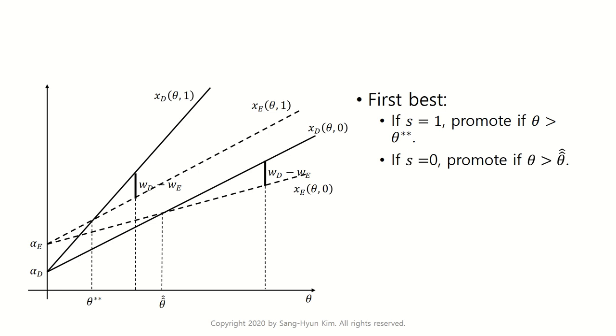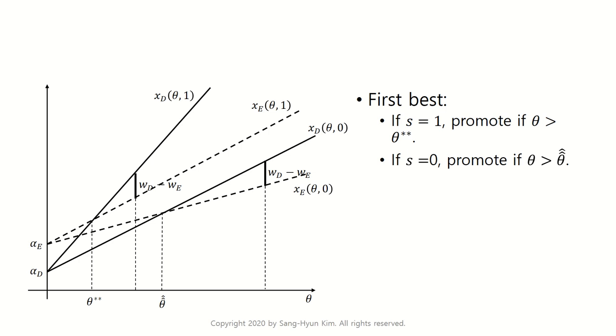So that's the first best promotion strategy, and the profit will increase as you try to mimic this first best contract as much as possible, right? So what does that mean? It means that you want to reduce WD minus WE.